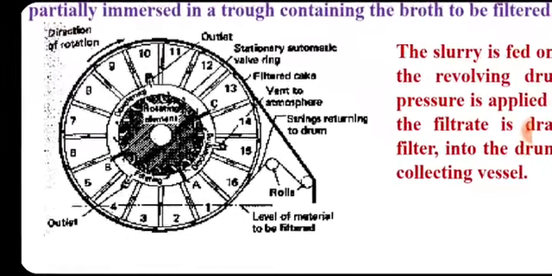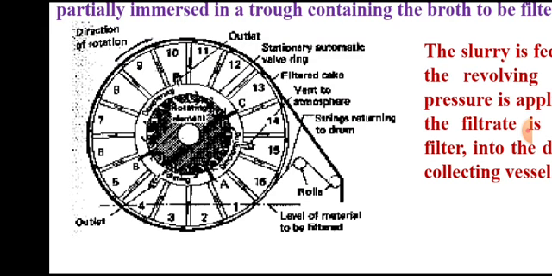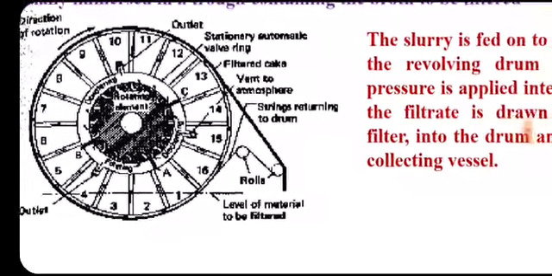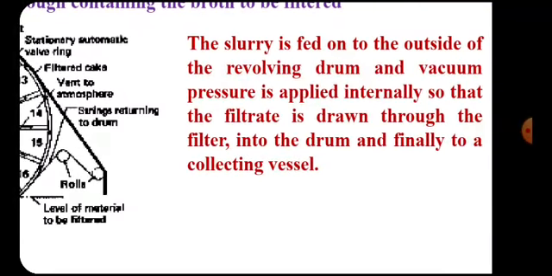You can see that this drum is covered with a filter aid as well as filter cloth. Whenever it is sucked in, the broth will pass through this filter cloth. So solids will remain outside, and whatever the filtrate is there will be sucked inside into all these chambers, and from these chambers the filtrate is collected through a collecting vessel.